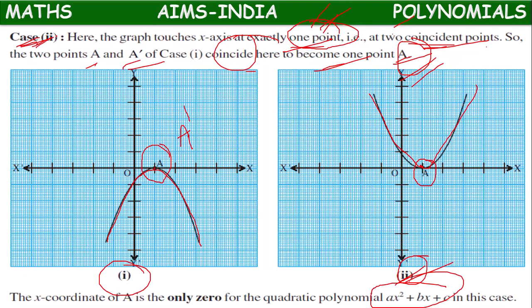So this is case two: if we draw a curve for a quadratic polynomial, the parabola will have two zeros which are equal to one another.